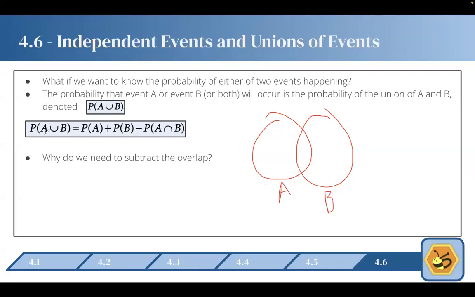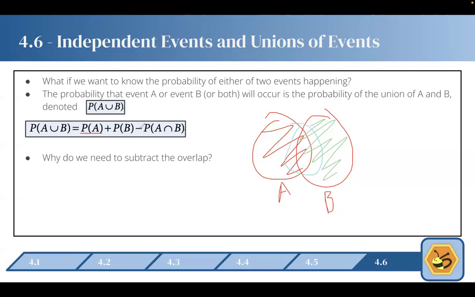We want to see what the probability is if A or B happen, so that would be this probability. But when we add P of A, which is this, plus P of B, which I'll draw in green, plus this, we see that this overlap is actually getting added twice.